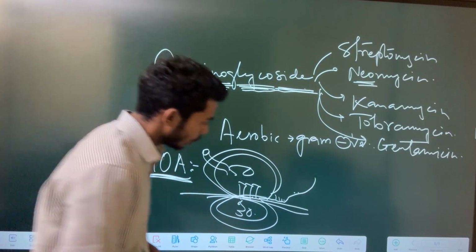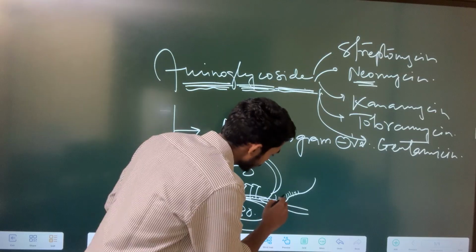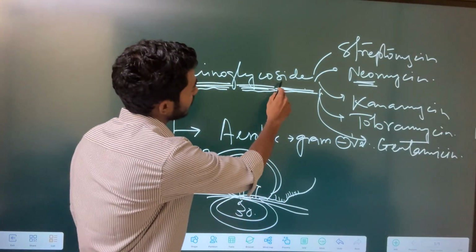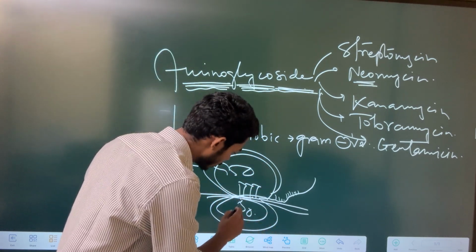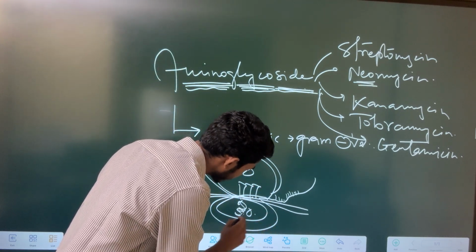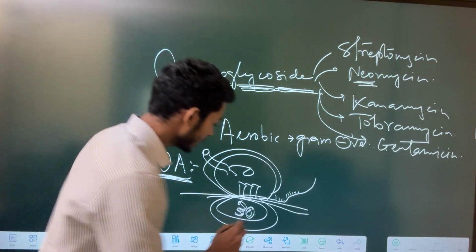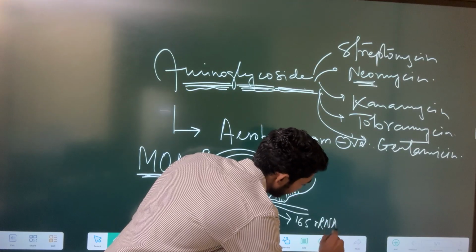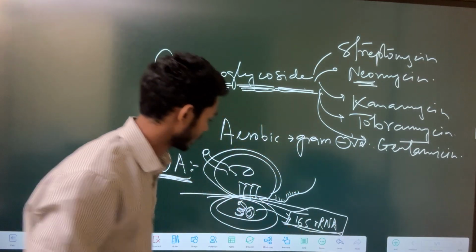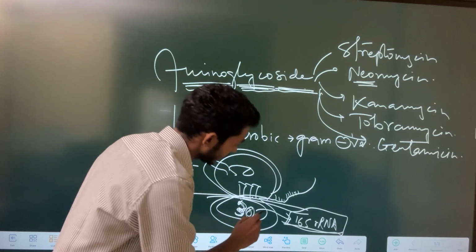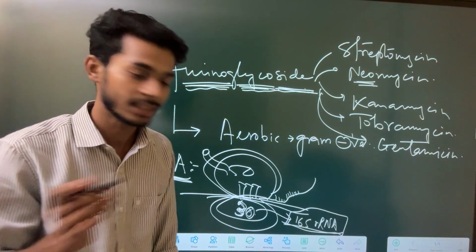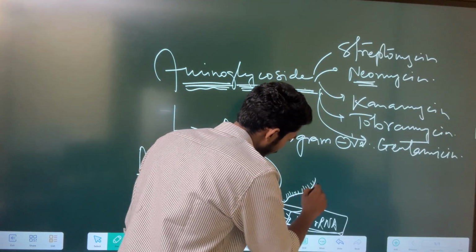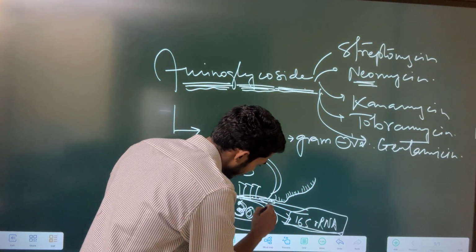But here what will happen? When this mRNA comes, misreading of the mRNA will take place. Why will the misreading take place? These aminoglycoside drugs will come and bind irreversibly to the 30S ribosomal subunit. In this 30S, it will bind to the 16S rRNA. Okay, this is a very important point you have to remember. So when it binds irreversibly, what will happen? When the mRNA comes, it will be blocked here and the drug will fill the space.